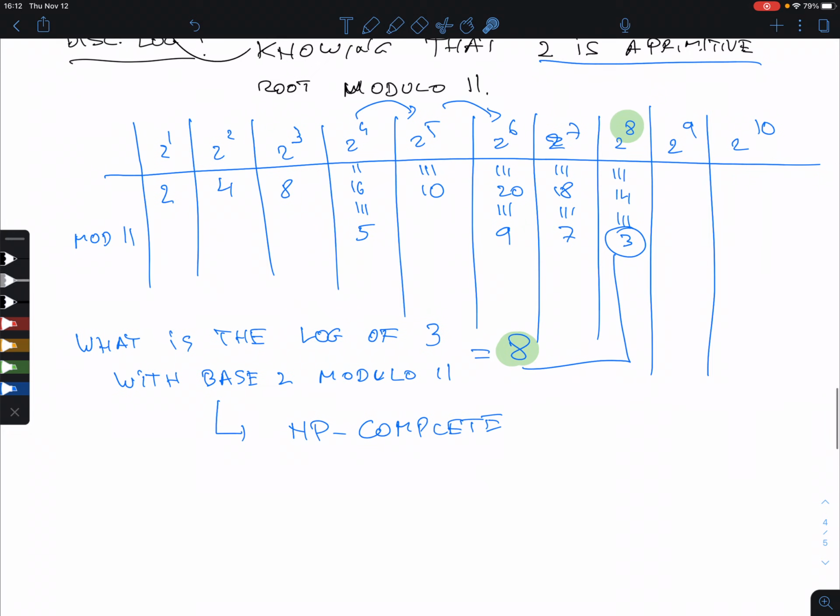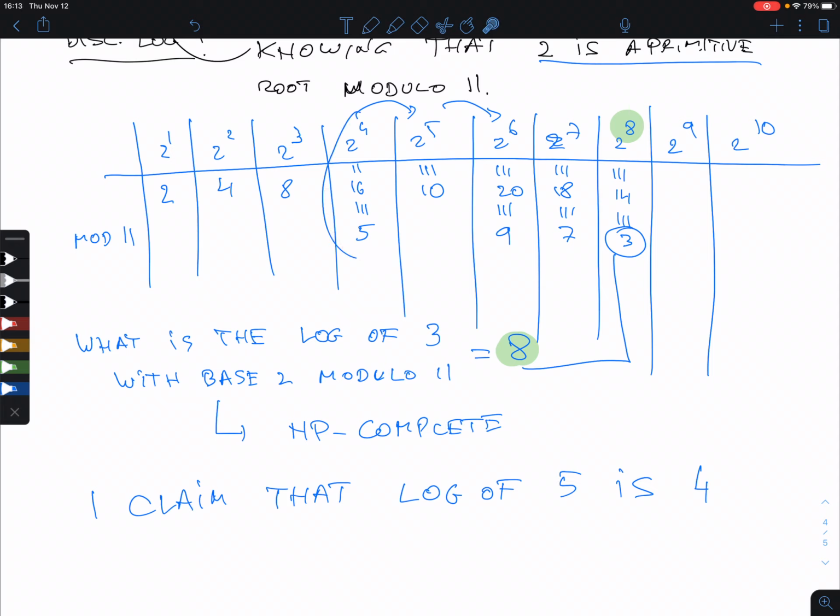So I claim that the log of 5 with base 2 modulo 11 in this case is 4. So now you say, oh yeah, because I see it. You're right. But that's not the issue.